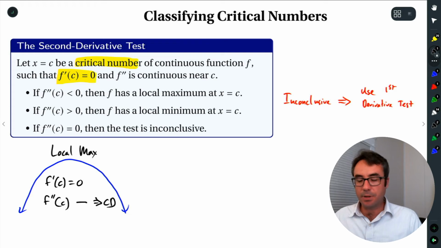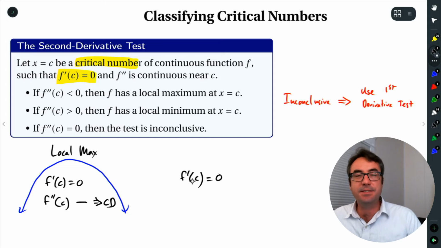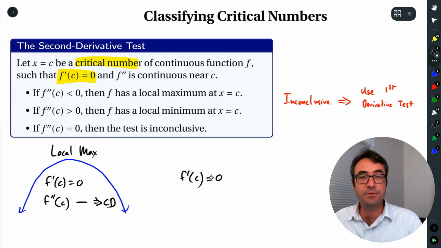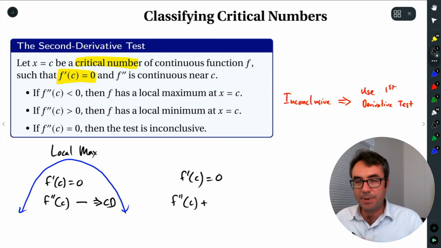Now, if we're going along trying to classify critical numbers, we find x equals c is a critical number where the derivative is 0. So it's a smoother transition in our graph. The derivative is 0. It flattens out. We calculate f double prime, and we find f double prime is positive. The second derivative tells us about the concavity.